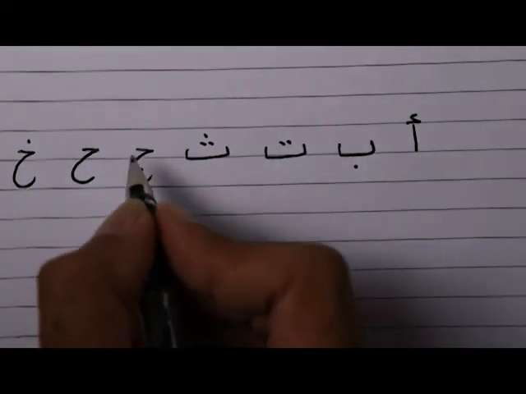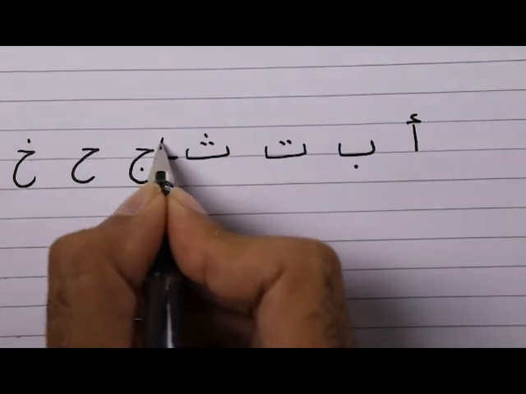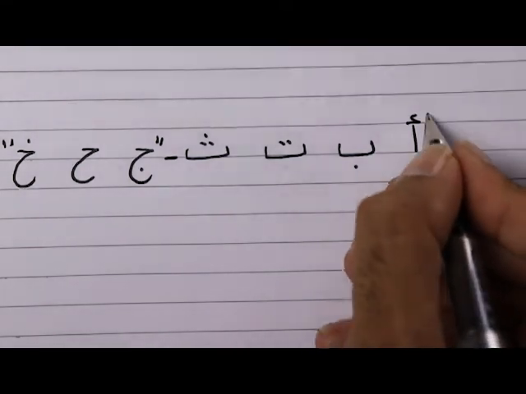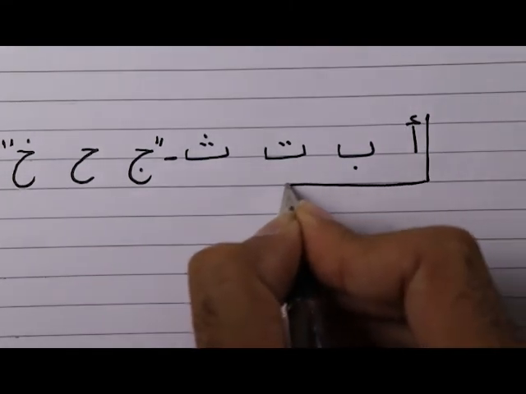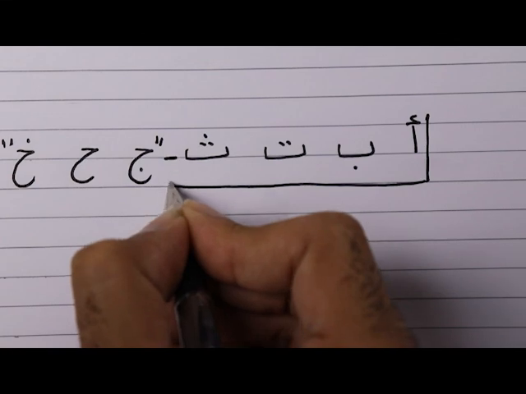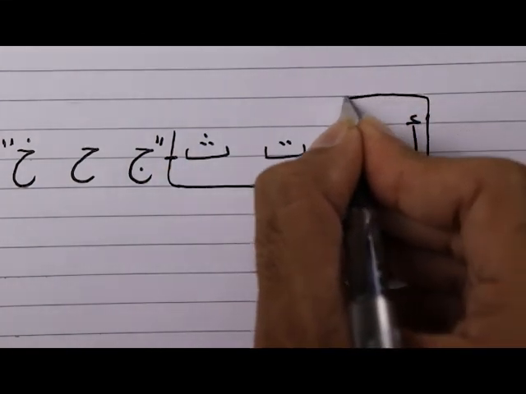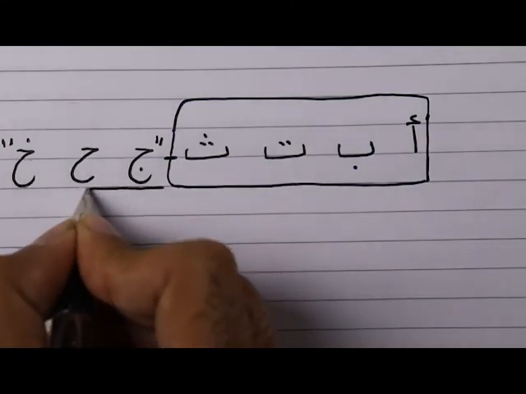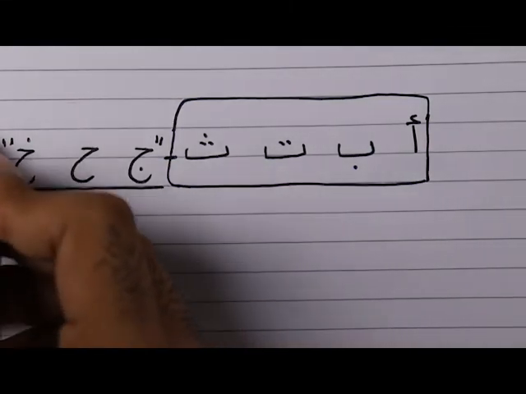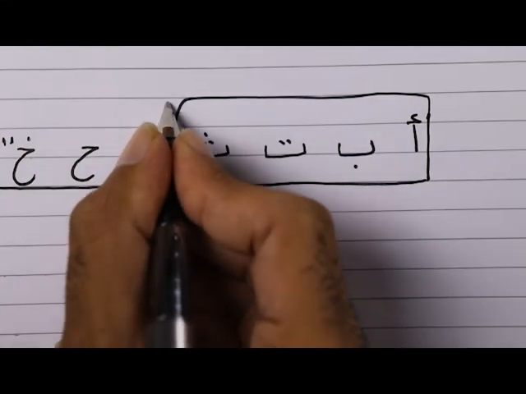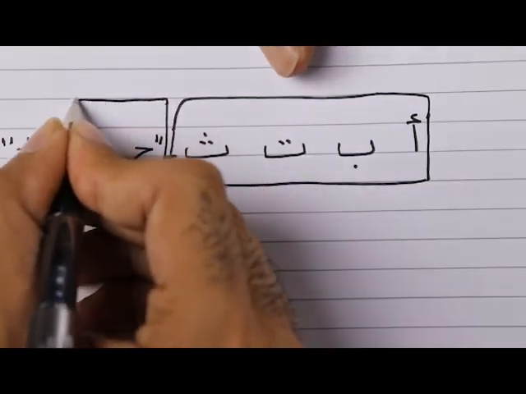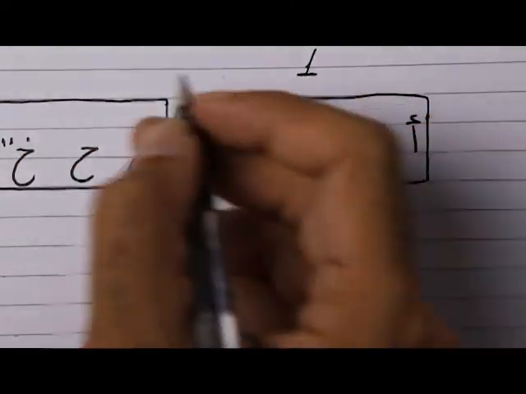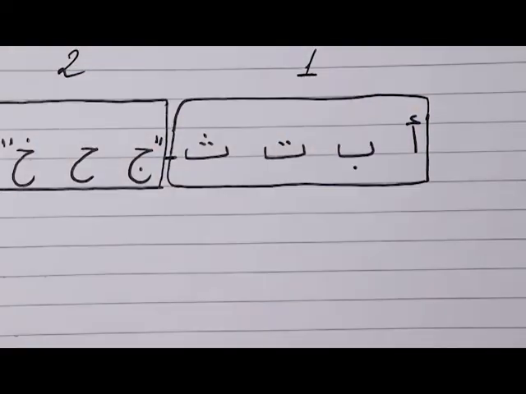So we have 2 families here. Let's do it like this. Just keep them separate. So our first group and then second group.